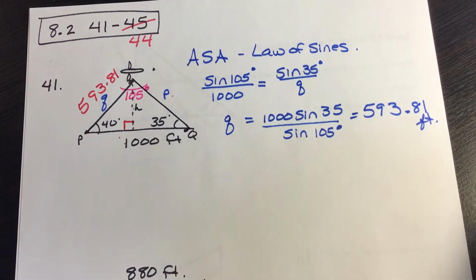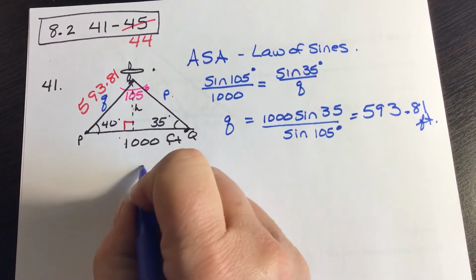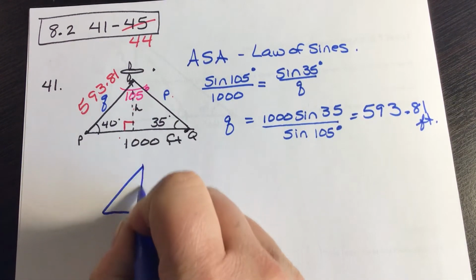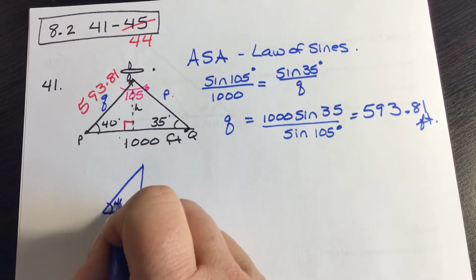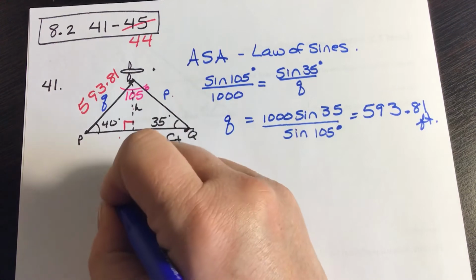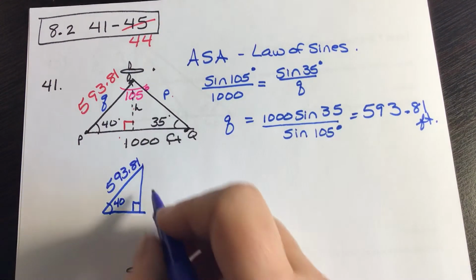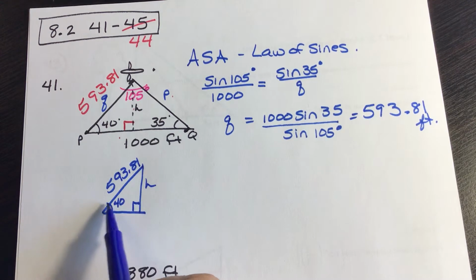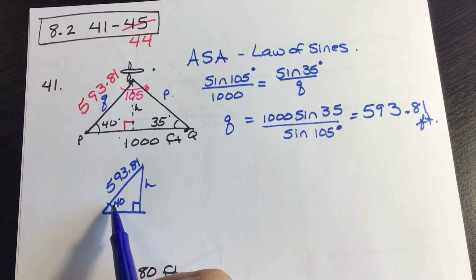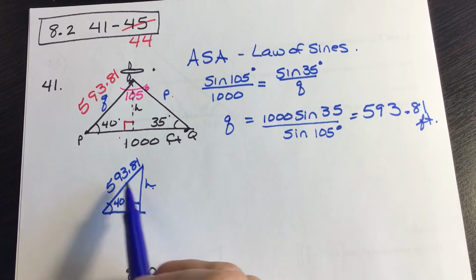So now if I just look at this triangle, I'm going to just draw this right triangle here. That's 90 degrees. I know this is 40. I know this is 593. And I'm looking to find the height. So if I use a trig ratio with the angle of 40 degrees, opposite and hypotenuse, that would be sine.